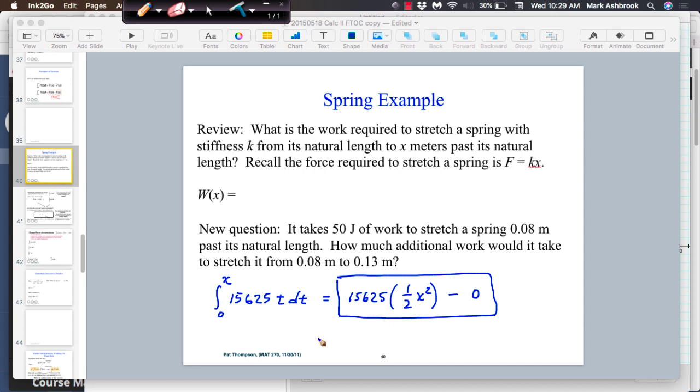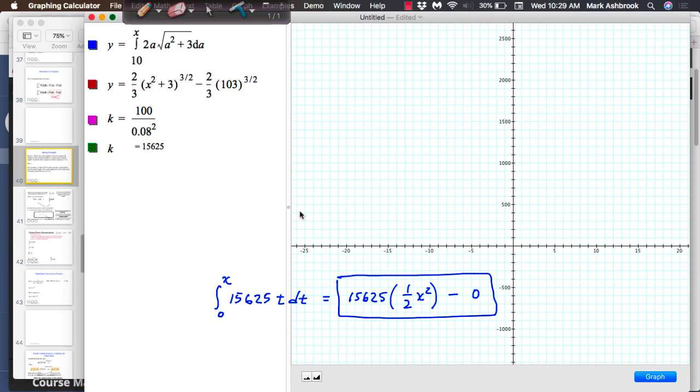And then we could write another integral. So what expression can we write? I want to know how much work to stretch it from 0.08 to 0.13. Evelyn, did you get it? What's that?